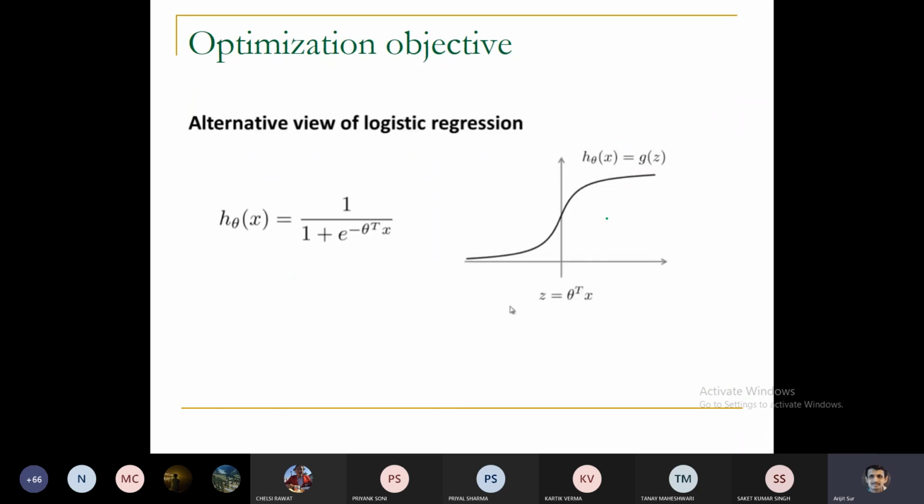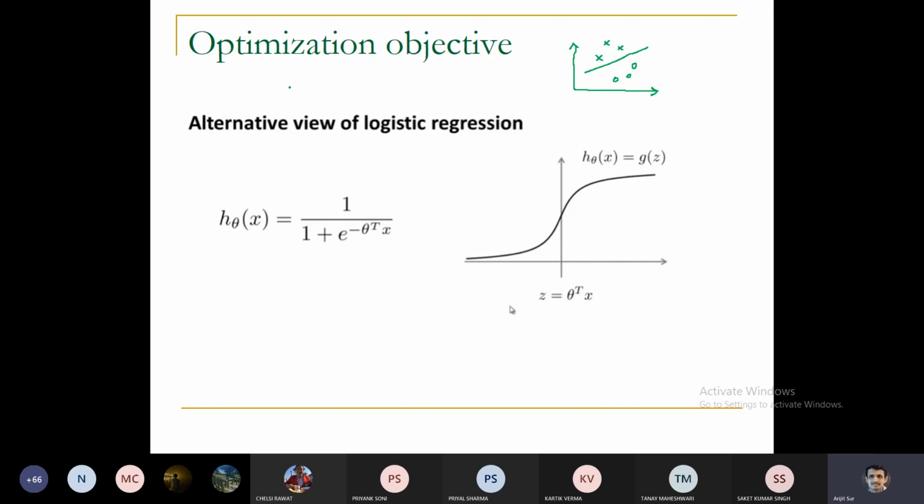So first of all, what is the optimization objective here? In the case of logistic regression, we are trying to classify between two sets of data. Let's say this is one set of data, this is another set, and we are trying to find this decision boundary.